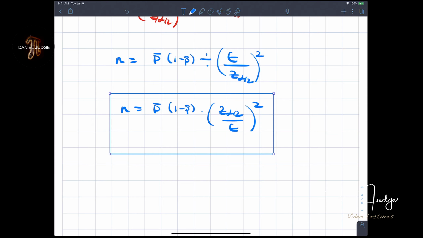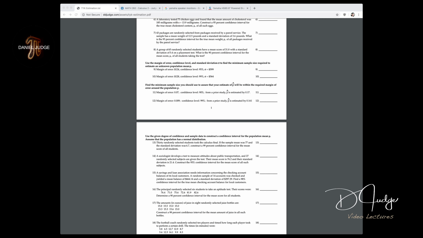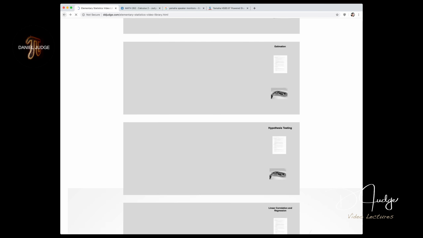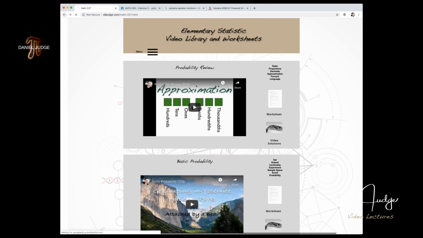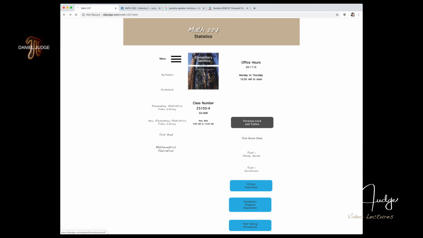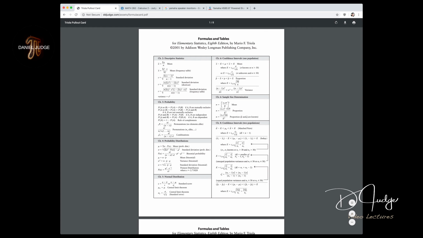Okay, here's my margin of error formula. And I'm going to go to the browser. I want to show something to you guys, even on the formula sheet, the formula sheet and cards I typically gave people here.